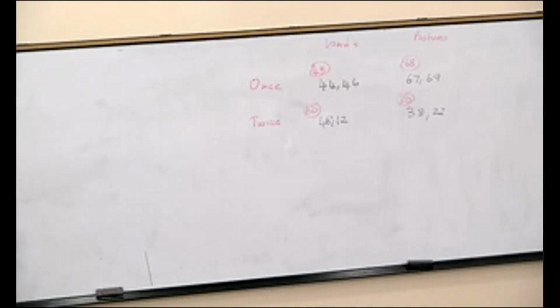I put 32 instead of 22. Okay, 49. Yeah, they added up to 196, and divided by 4 was 49. So 67 plus 69 plus 38 plus 22 was 196. And you divide by 4, what do you get? 49. Okay.